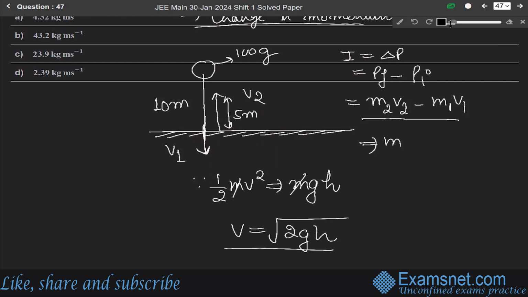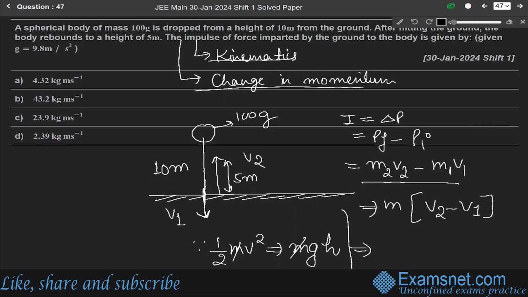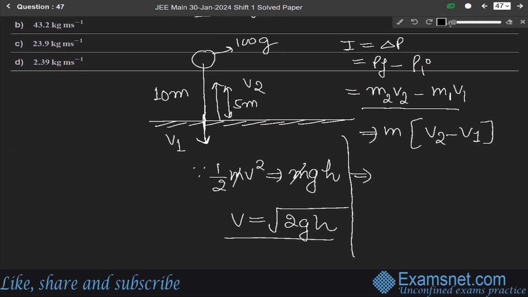Take mass common, and v is under root of 2gh, so it will be equal to mass, which is 100 gram, meaning 0.1 kg. And v2 is under root of 2gh, meaning 2 into gravity 9.8 into h, which is 5 meter when it rebounds back. And minus v1. V1 is what?